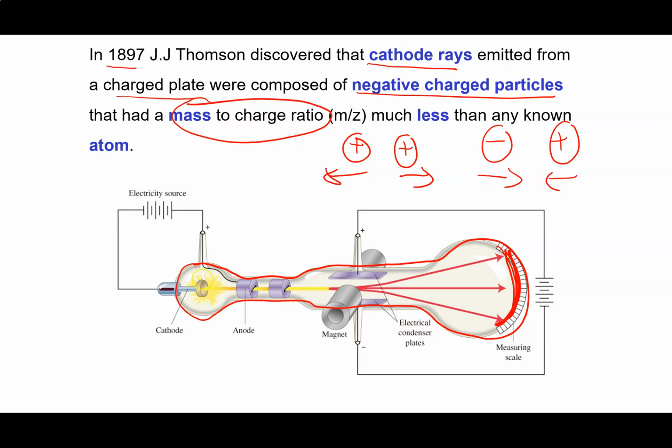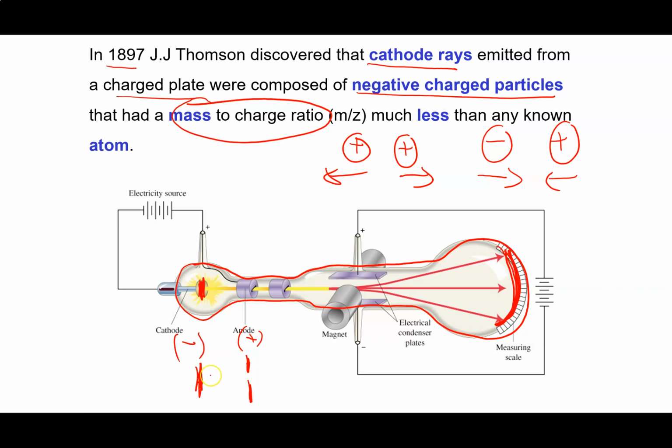Now, at the other end, he has a metal plate called a cathode, and it's connected to the negative end of a battery. So it's going to repel anything that is negatively charged down the tube. The other terminal of the battery is connected to a metal plate, illustrated here as a metal cylinder that has a hole in it, and that is positive, so it's going to attract negative things.